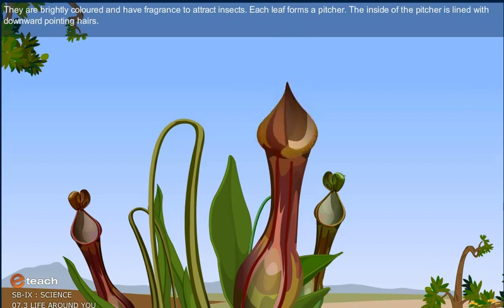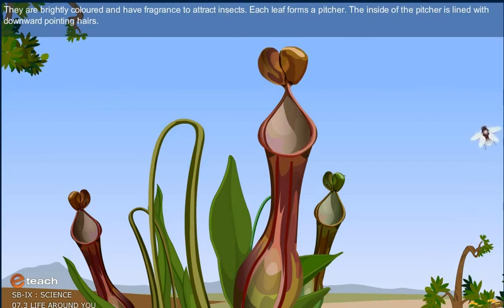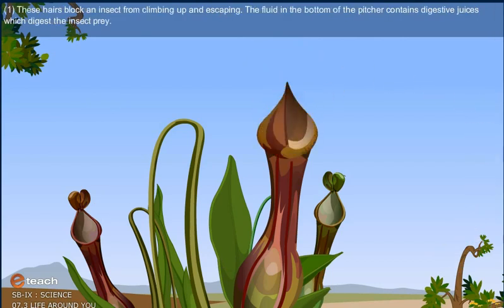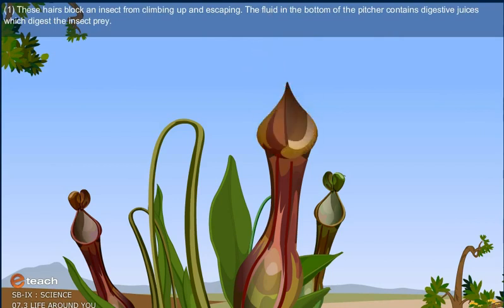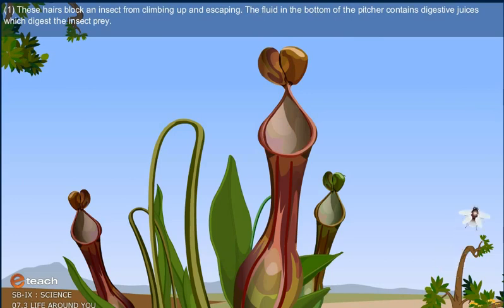Each leaf forms a pitcher. The inside of the pitcher is lined with downward pointing hairs. These hairs block an insect from climbing up and escaping. The fluid in the bottom of the pitcher contains digestive juices which digest the insect prey.